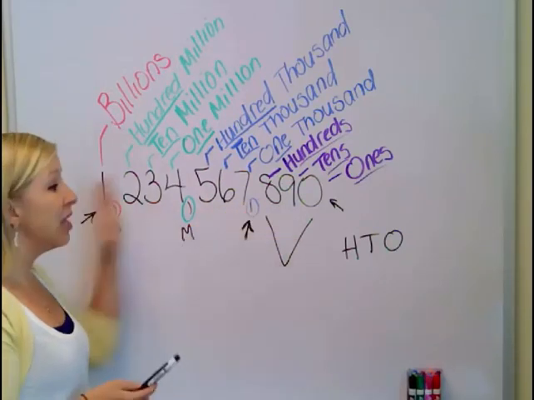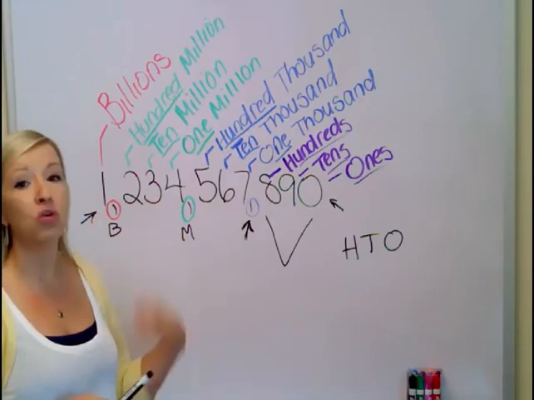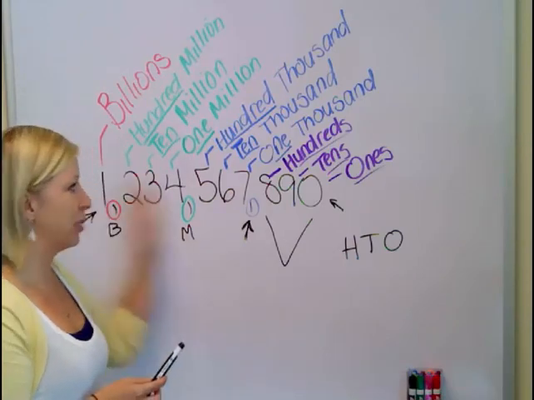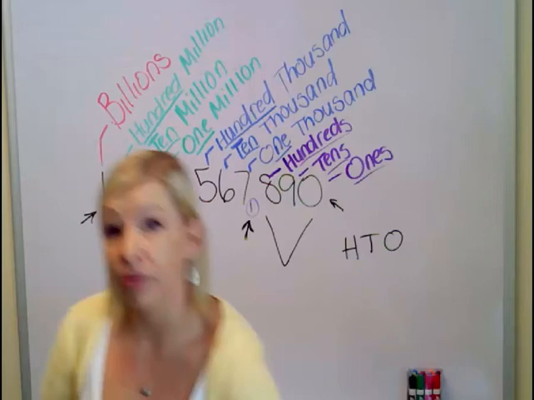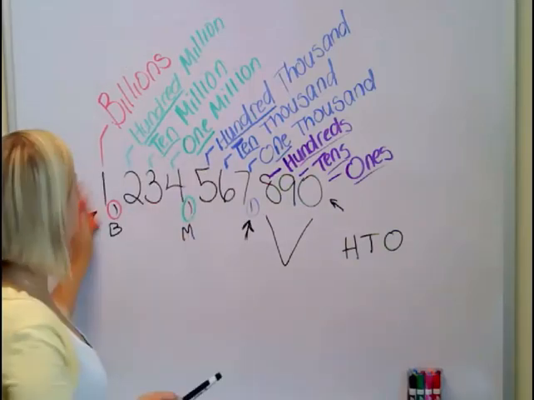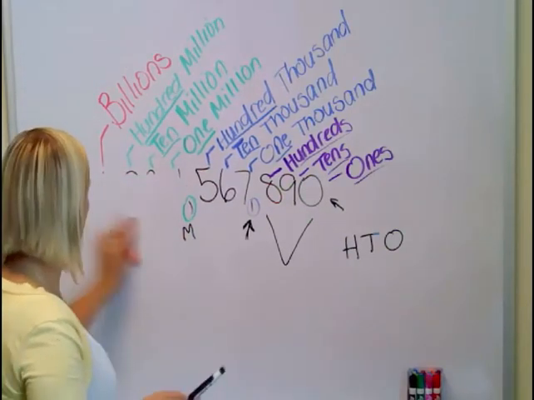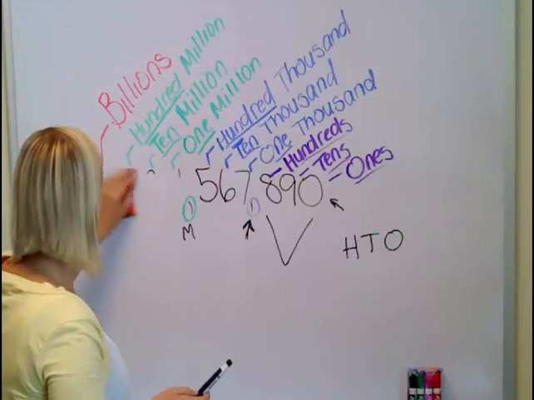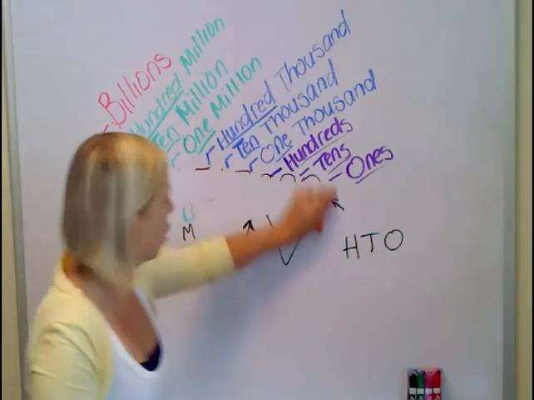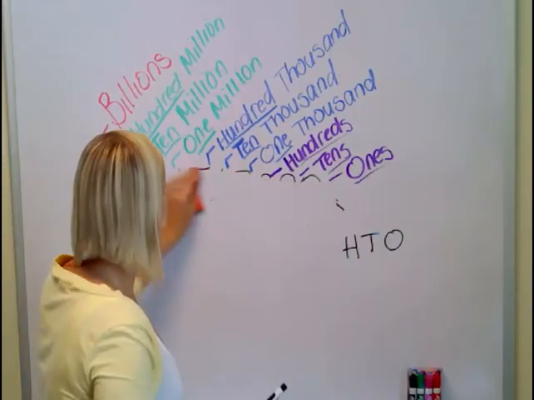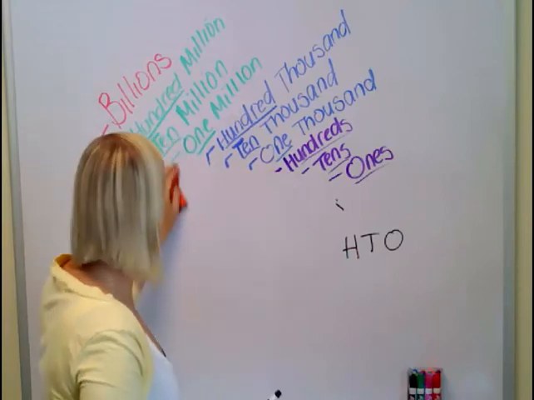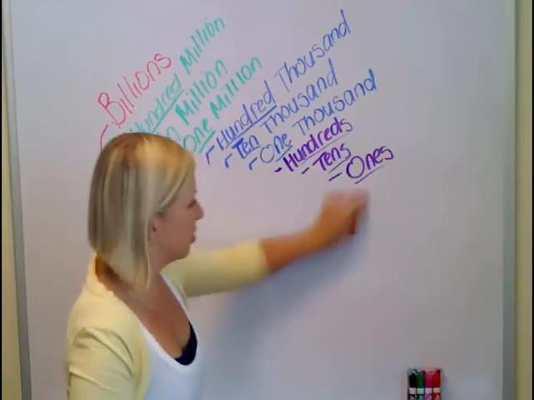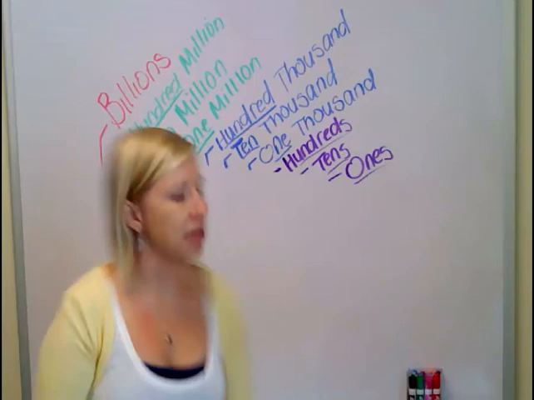When you say the numbers out loud slowly, you will hear how much each place equals. Let's take a look at a couple numbers. So I'm going to erase this. All right, let's try this number.